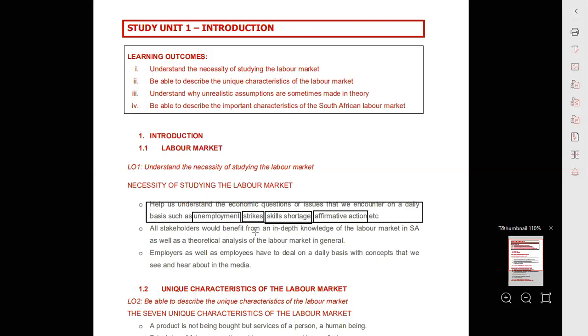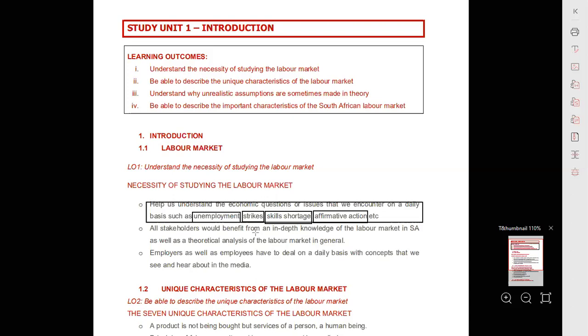Whether you are an employer or an employee, you need to have in-depth knowledge of how the labor market works. As an employer, I have employees within my firm, so I also need to know how the labor market works.